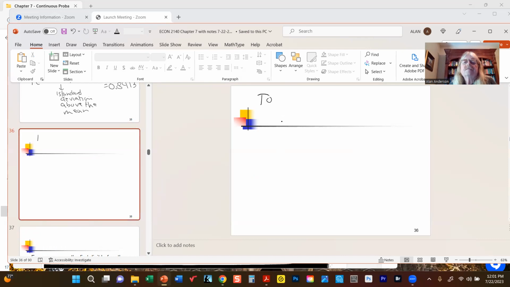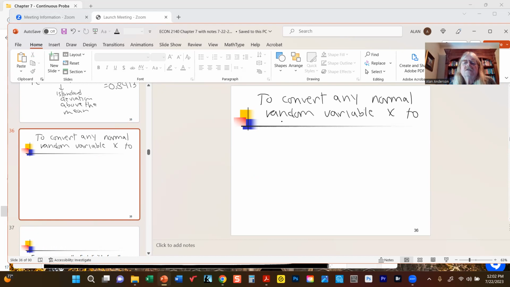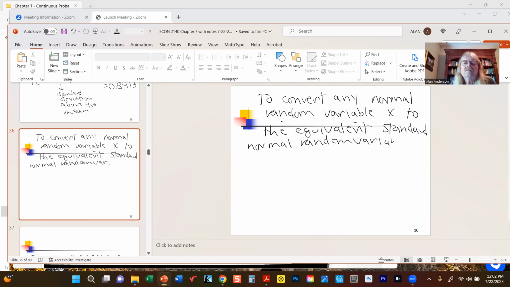To convert any normal random variable x to the equivalent standard normal random variable z, you can use this formula.